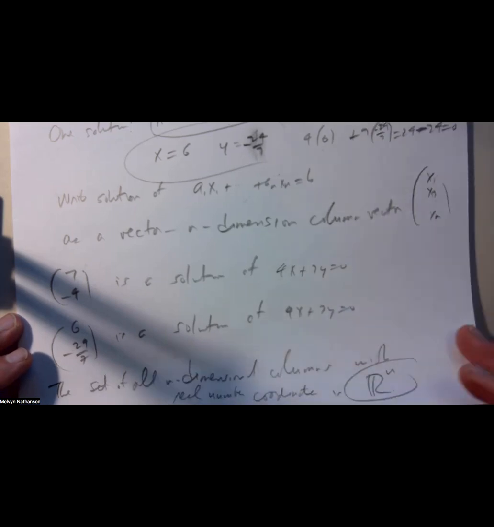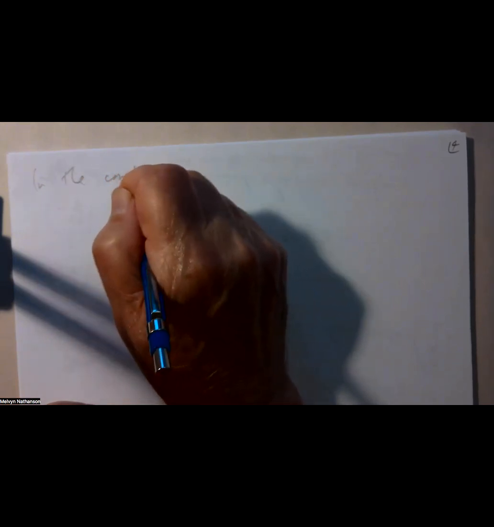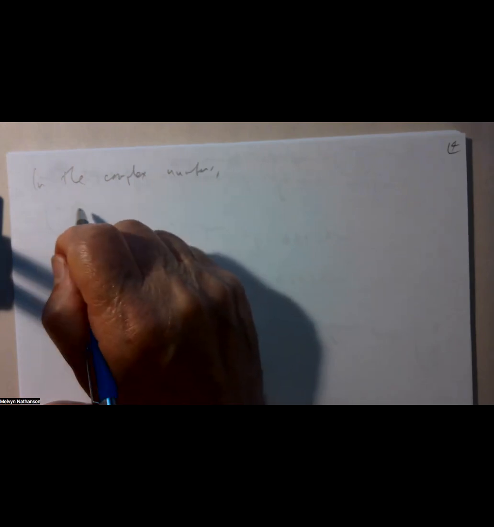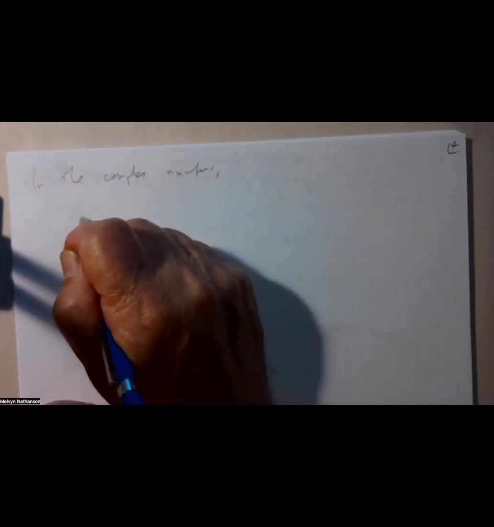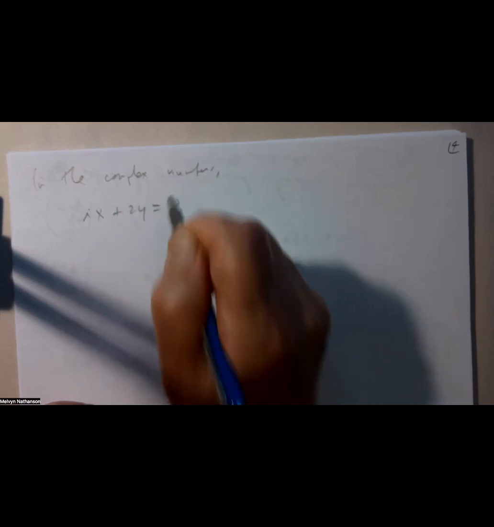In linear algebra, we use real numbers and complex numbers. So in the complex numbers, you might have the equation i times x plus 2y equals 0.